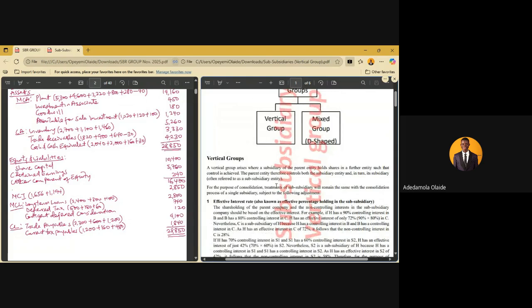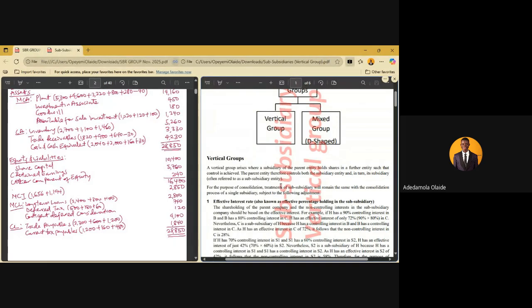Now, when we have a vertical group, the first thing that might be new to us here is calculating what we call the effective interest rate. The effective percentage of holding is to know what percentage the parent company actually controls in the subsidiary.